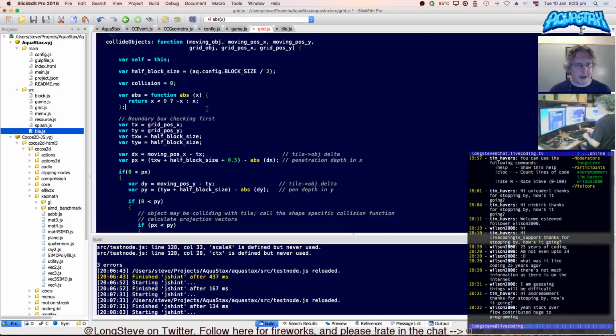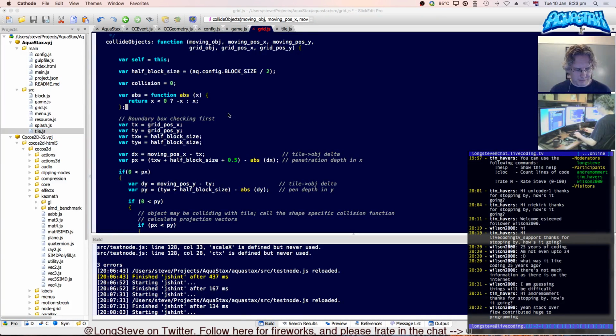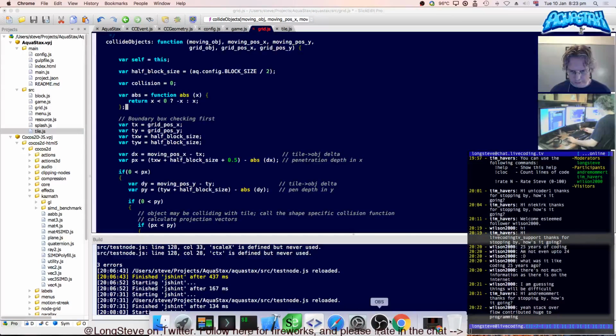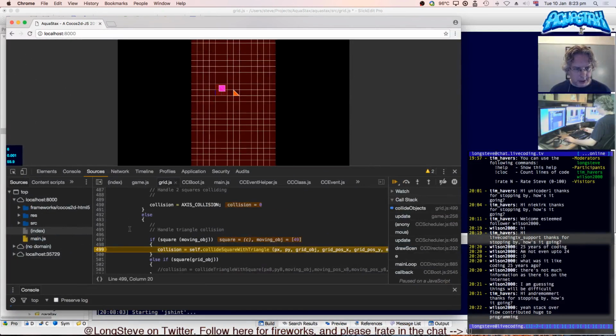Anyway, where was I? Colliding objects. I'm trying to figure out why this bit of code is triggering when it shouldn't. You've got grid object is 0, and moving object is 49. That's my square. Grid object is 0.